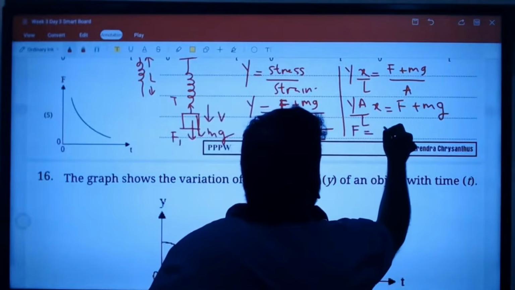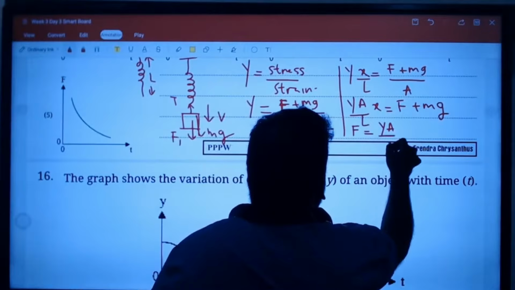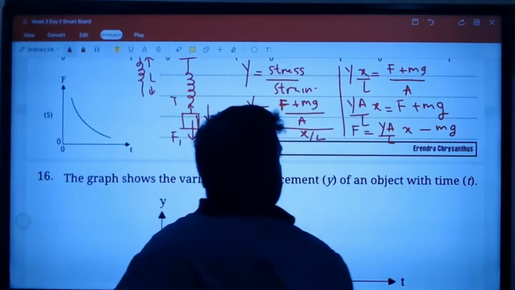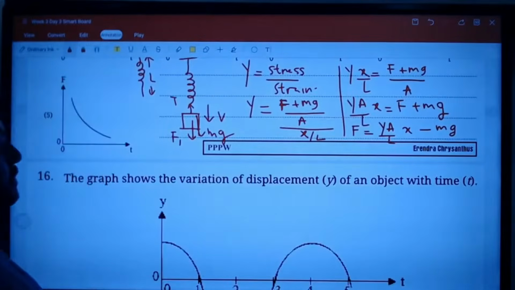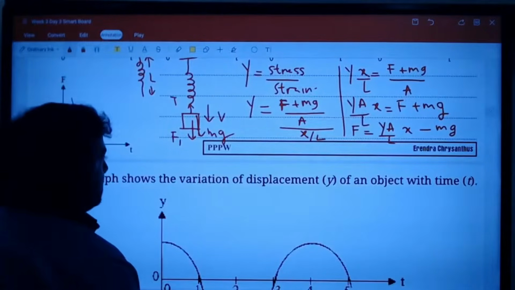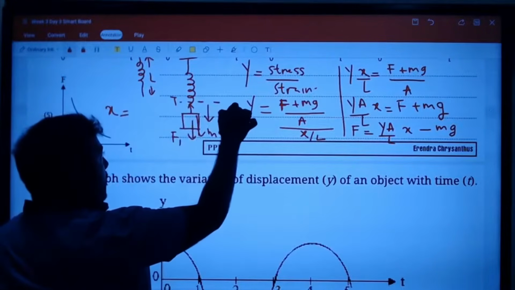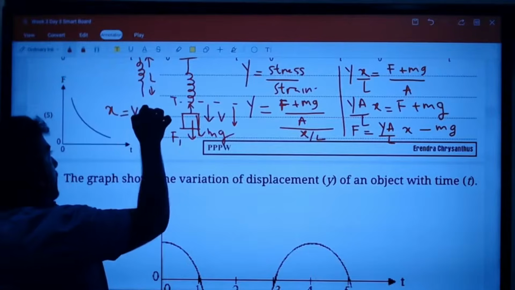F is equal to Young's modulus A over L times x, minus mg. They are telling you it's going down with constant speed, so x is your distance moved, v times t.